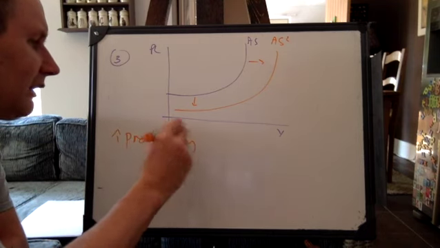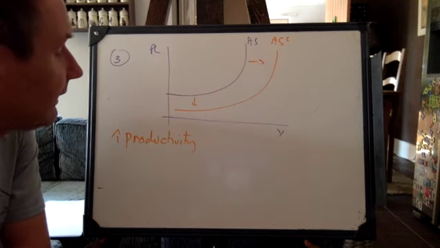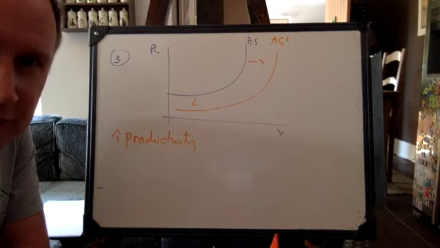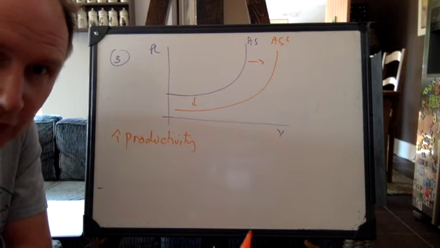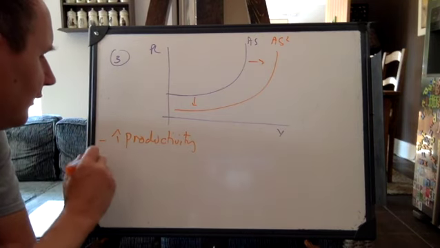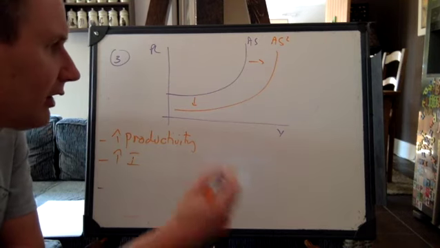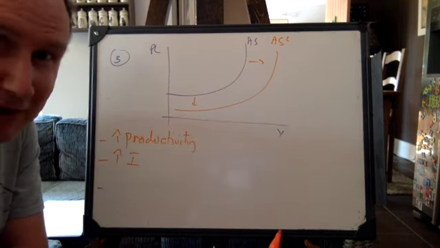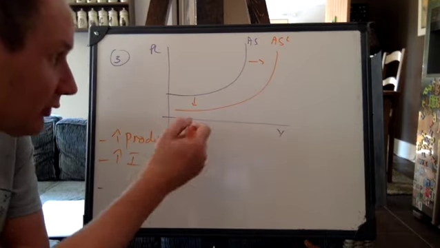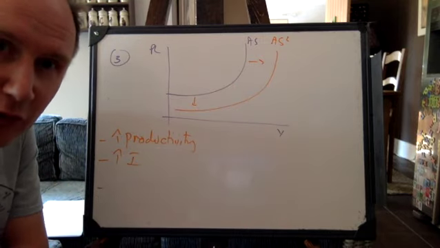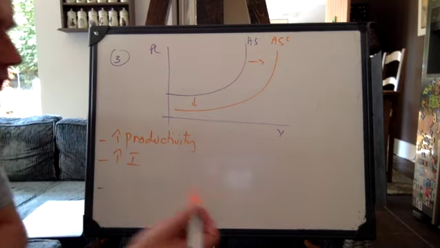Productivity is, as I said before, the efficiency with which workers operate. If they become more efficient, then A, they can produce more, and B, they can do so at a lower cost. Or investment is likely to do the same thing. We invest in new capital equipment, which hopefully is better than the old stuff, so we can produce more efficiently. So costs will come down, but also we have more factors of production and better factors of production, and therefore the capacity can increase. So you've got three shifts.